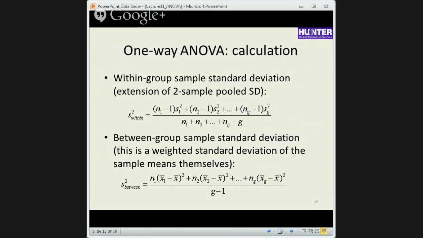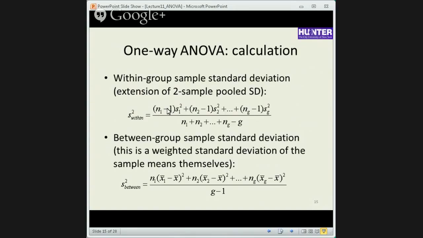So S1 would be, in this simple example, based on 3 data points, the ones for group 1. S2 would be based on the 3 data points in group 2. And S3 would be based on the 3 data points in group 3. And all this is just a weighted average of these 3.